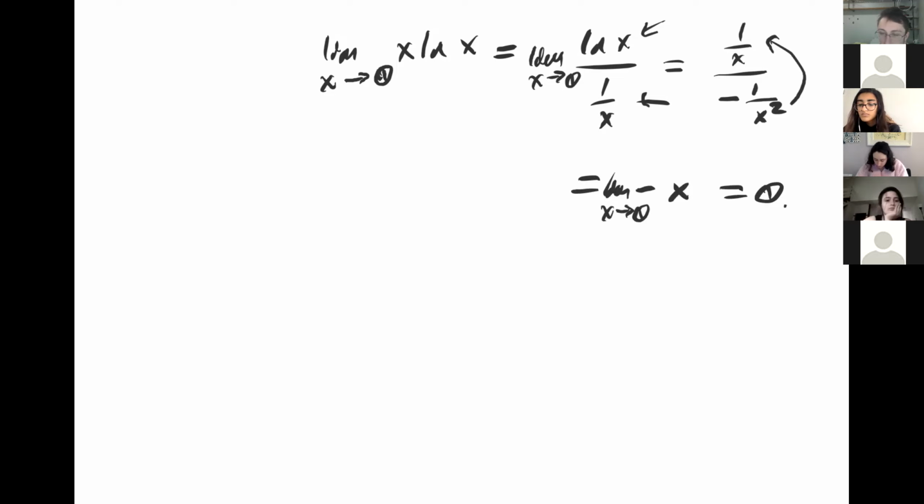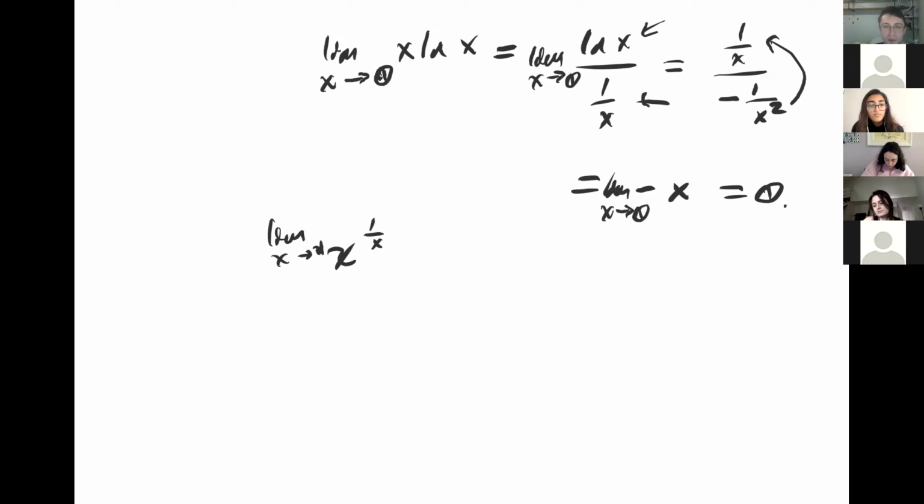Great. So for the third problem, sorry, I forgot to write what the limits were, because I guess it was just clear in my head, but obviously it's not clear to someone looking at it. So then x to the 1 over x. For this one, I was probably trying to make you do the limit as x goes to infinity.